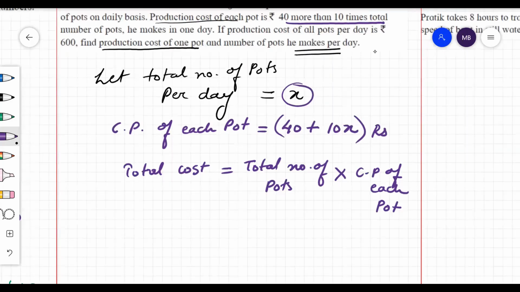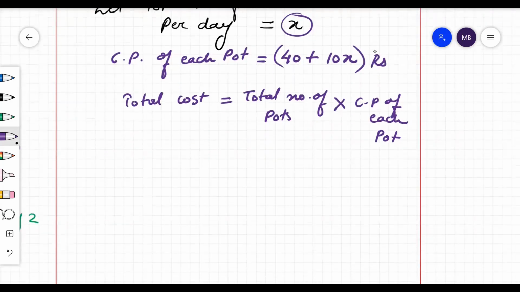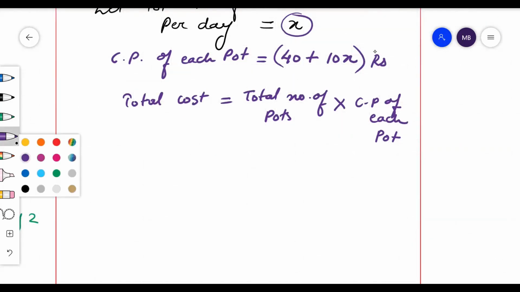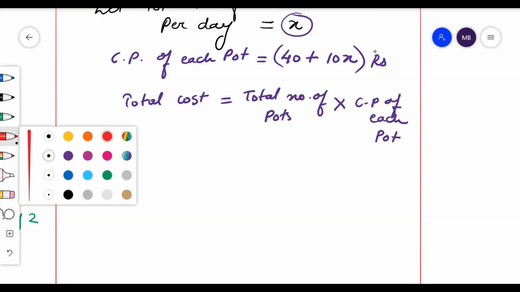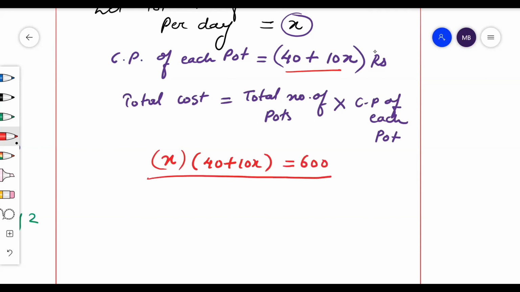And what is the total production cost given? That is rupees 600. So can I say that x into (40 plus 10x) equals 600. This is according to the situation.